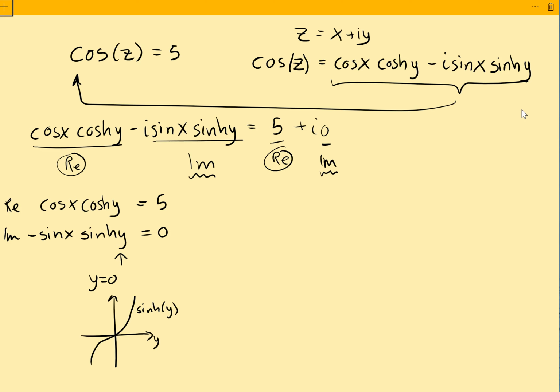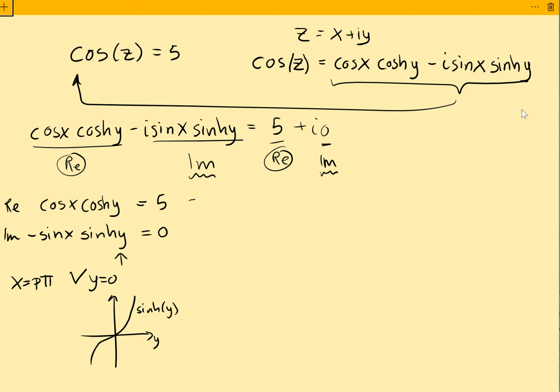So when the argument y is 0, then the function value is 0 as well, and that would render this left-hand side 0. Another possibility is that x here is just a multiple of pi, since we remember that any multiple of pi has the sine value of 0. So those are the two possibilities for the imaginary equation.